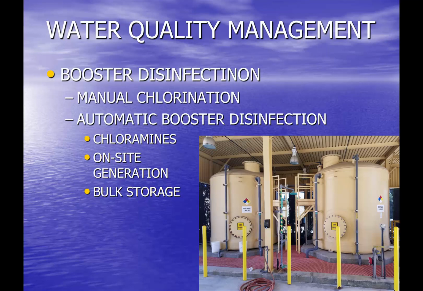This is a much larger booster disinfection system at our big reservoir, where we have the storage of sodium hypochlorite. These are both 5,000 gallon tanks, as well as a 1,500 gallon tank for ammonia. Once again, adding chloramines to the water coming out of the reservoir to boost the chlorine residual, just at a much larger scale.